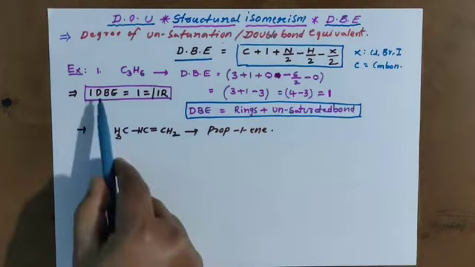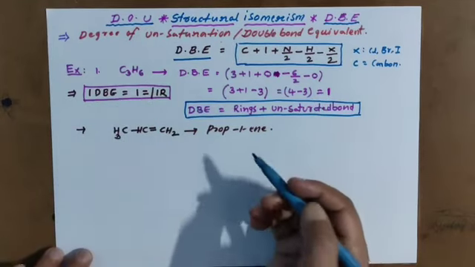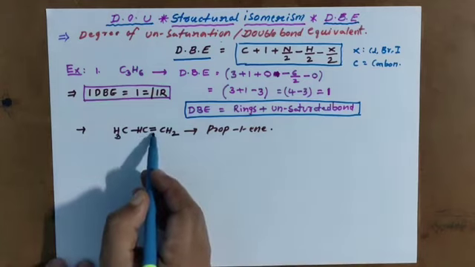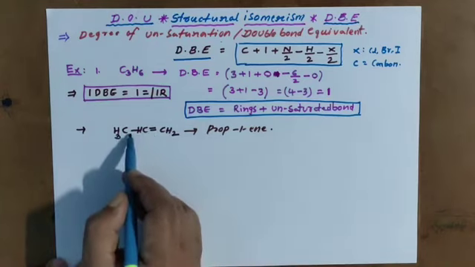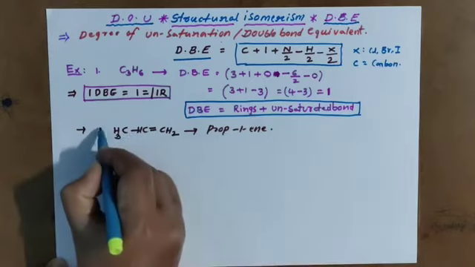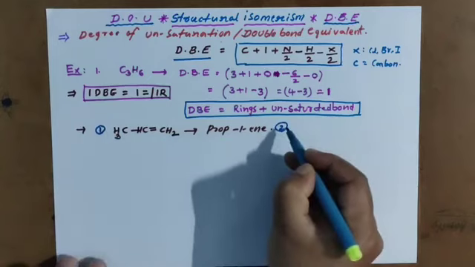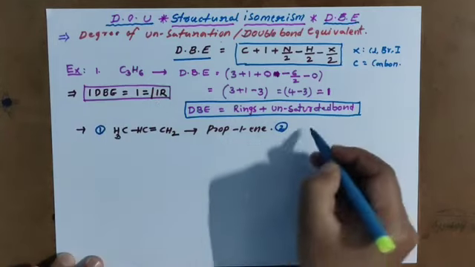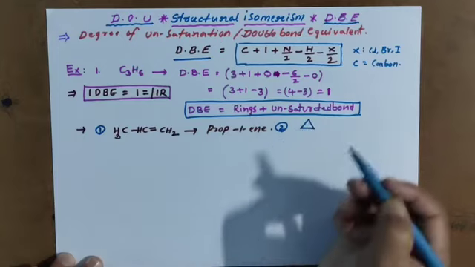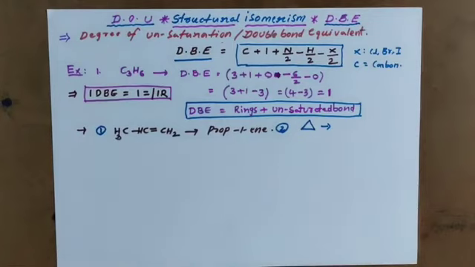Because we know already 1 DBE means 1 double bond or 1 ring. And now there is no chance to draw another structure. If the double bond is given here, this is also prop-1-ene only. So no chance. So 1 compound completed. And the second structure, 1 ring possible. You know very well, with 3 carbon atoms, 1 ring. This we call cyclopropane.